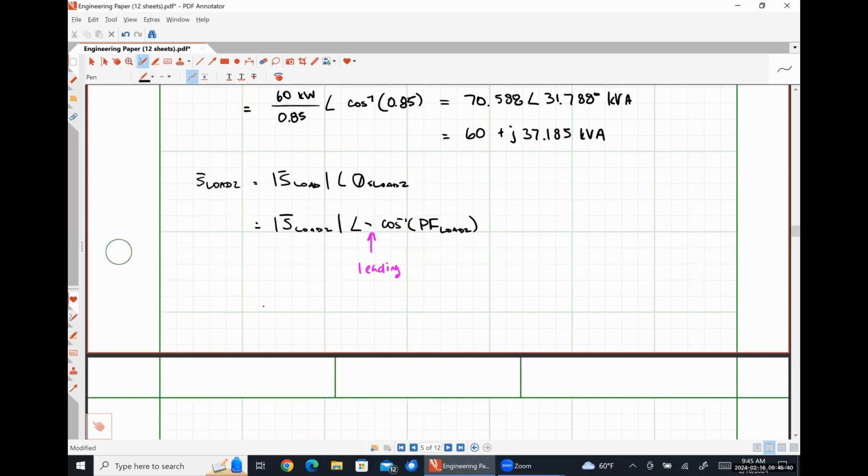So this is going to look like 30 kVA with an angle of inverse cosine 0.95.